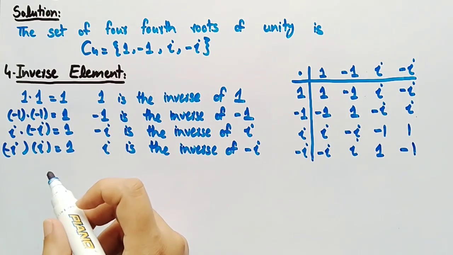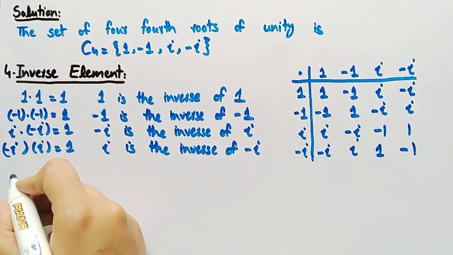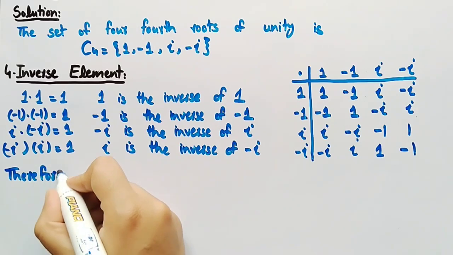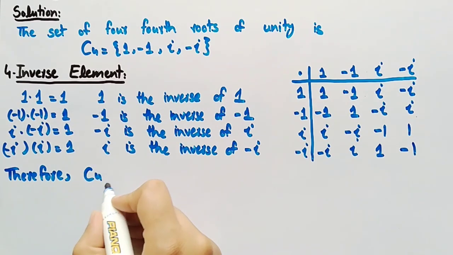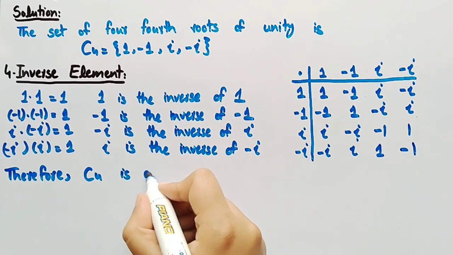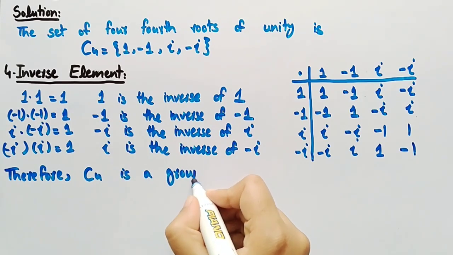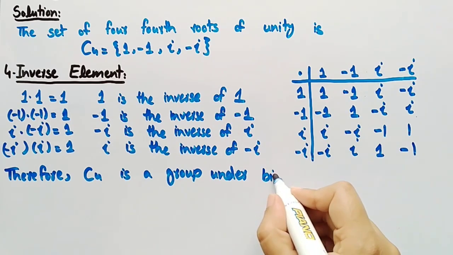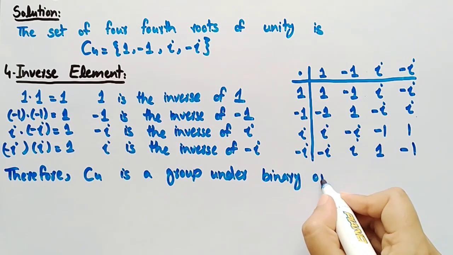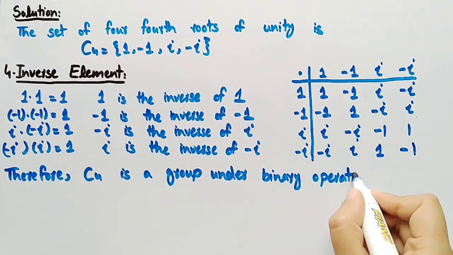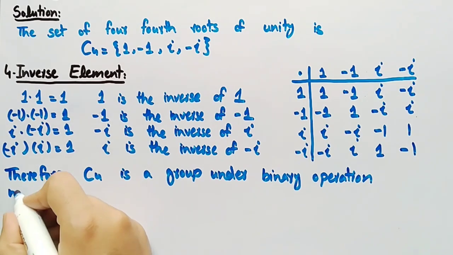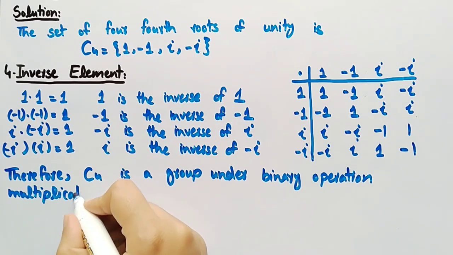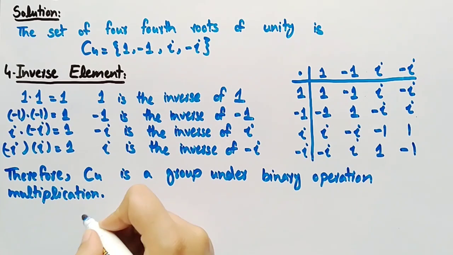Since all the axioms of the group are satisfied, we can say that C4 is a group under binary operation multiplication. Which is the required proof.